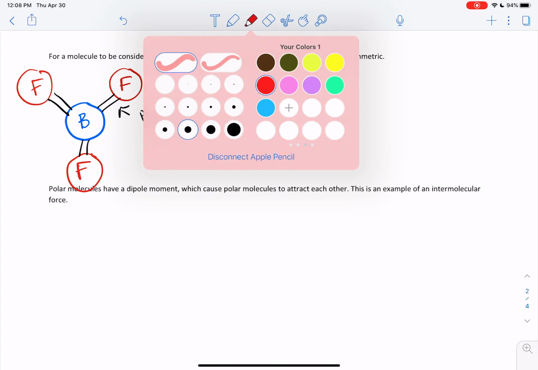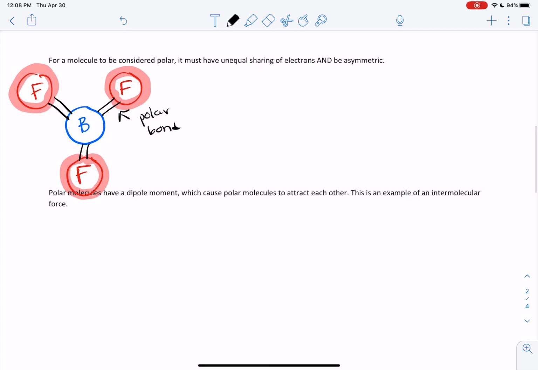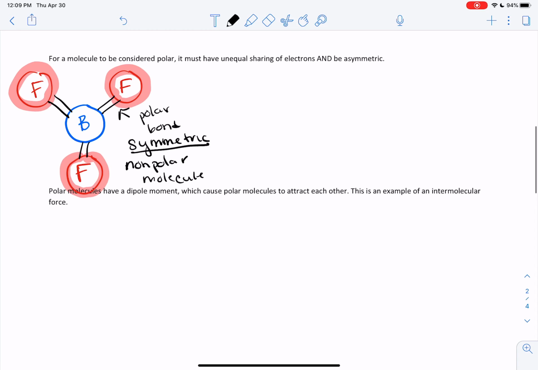So fluorine has more electronegativity on it than that boron does, okay? However, this is a symmetric molecule. All of the electrons are missing from the middle and they're all on the outside. So they sort of cancel out. And because this is symmetric, this is not a polar molecule. So this is a non-polar molecule. So we can see that even though it has polar bonds, it's not a polar molecule because it is symmetric.